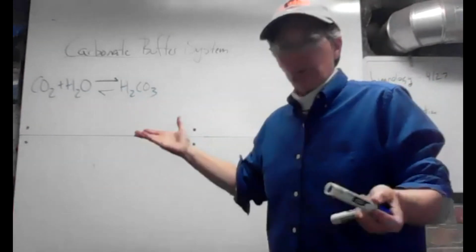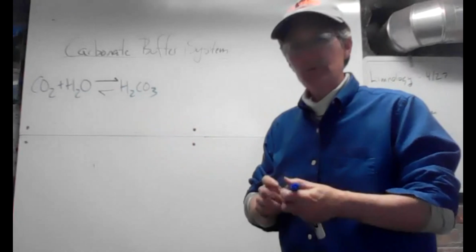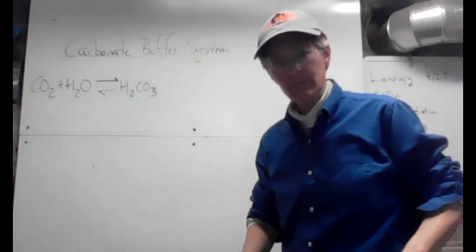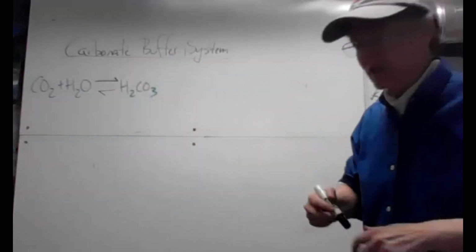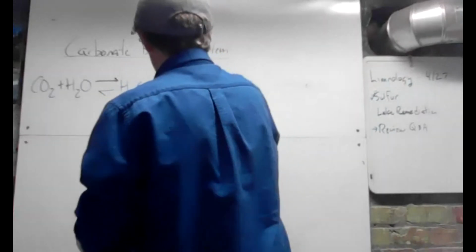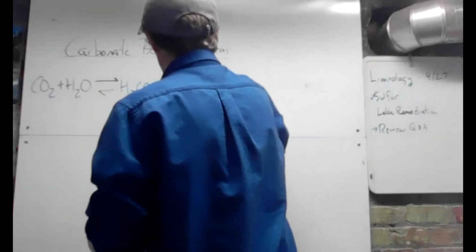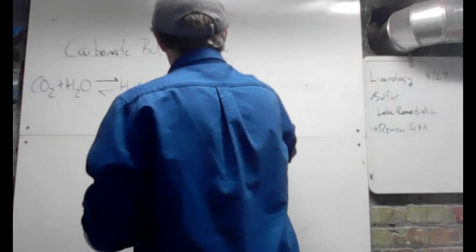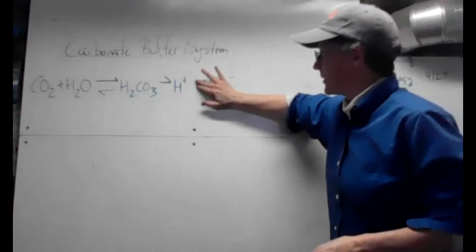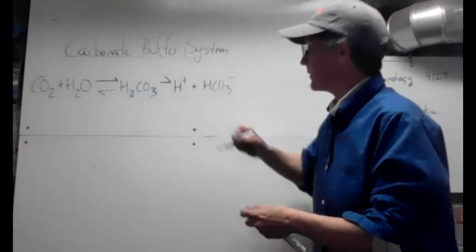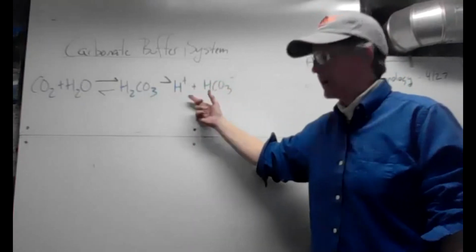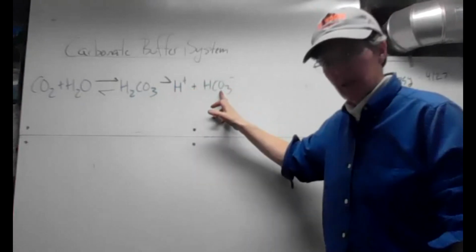Carbonic acid is a weak acid, which means it doesn't hurl its protons into the water with enthusiasm, but it does break apart. And you end up with protons and bicarbonate ion. Now, if you've got a lot of protons in the water and a lot of bicarbonate ions, then they're going to bump into each other. This is positively charged and that's negatively charged.